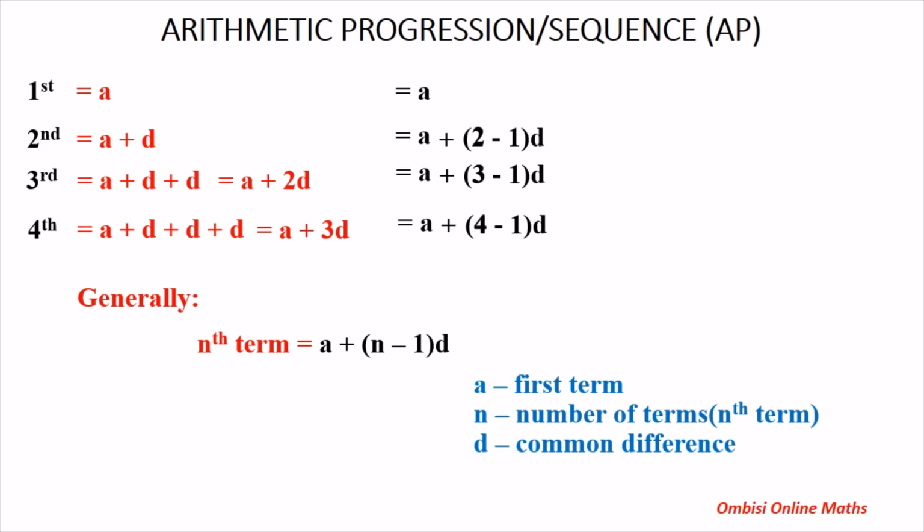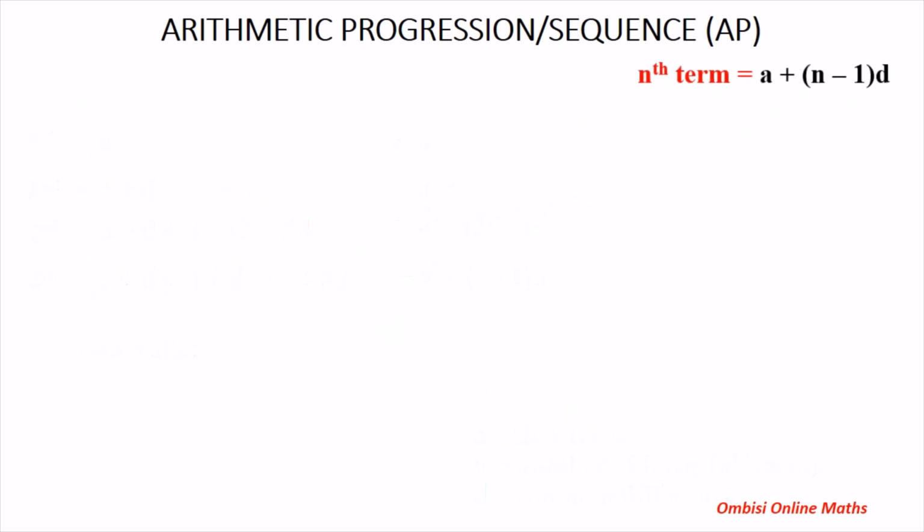So using this one, we are going to clear everything and maintain our formula, the general formula that nth term is equal to A plus (n minus 1)D. Then we look at several questions on how we can use the formula of the arithmetic progression to do it. So we are going to maintain our formula.